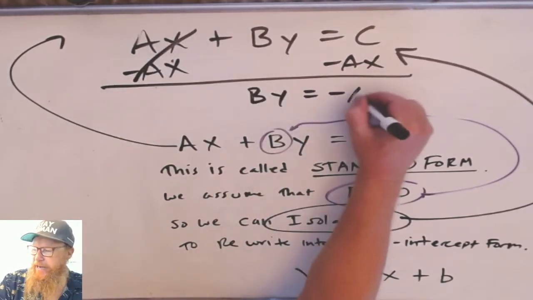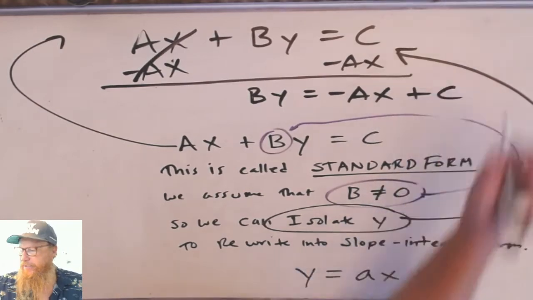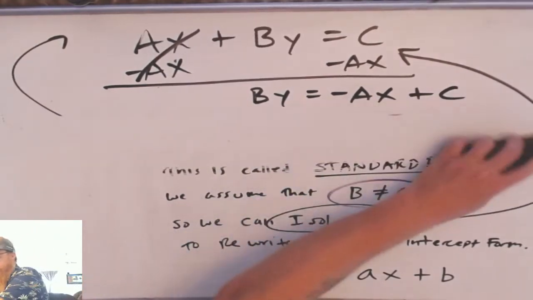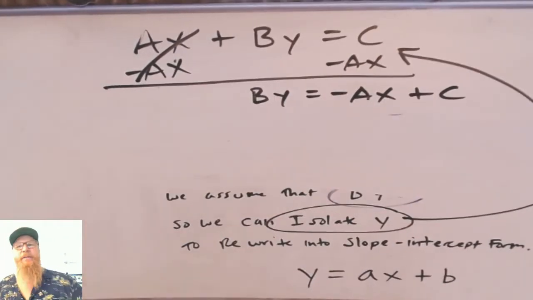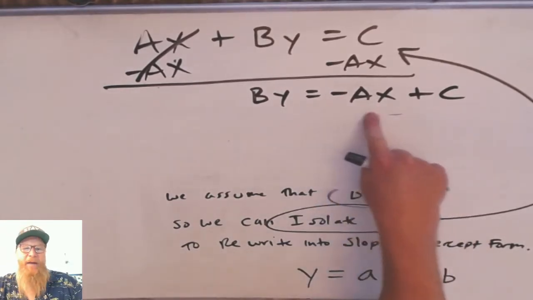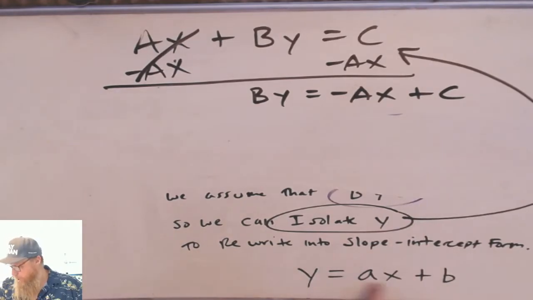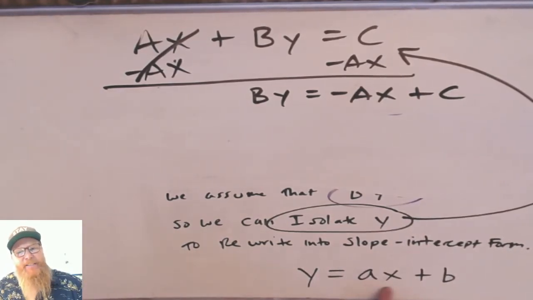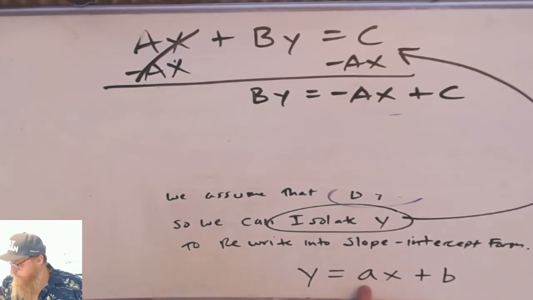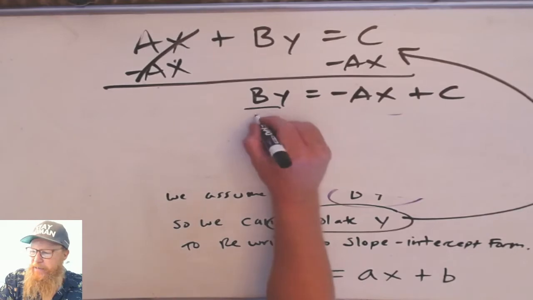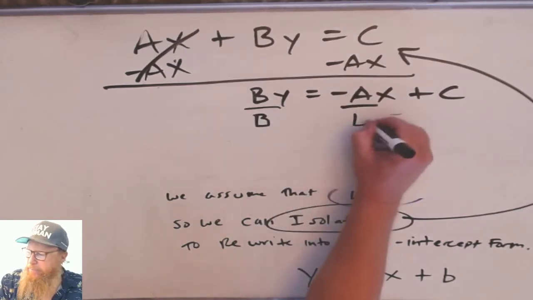I like to write it as negative Ax plus C. I don't want to write C minus Ax, because my goal is to have the x as the leading term, and the leading coefficient would be a. Some books call this m, and I'll refer to that in a minute. So I'm going to divide everything by B.